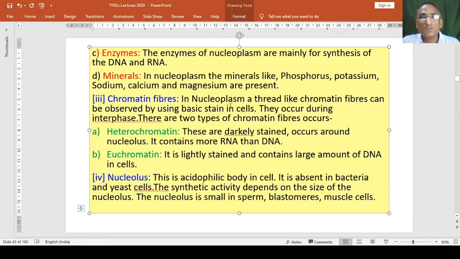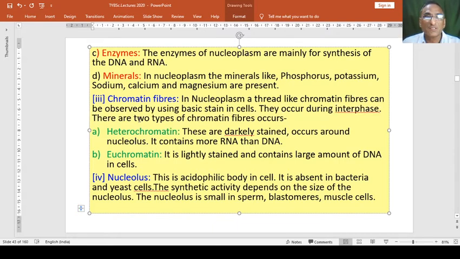In the nucleoplasm, a thread-like chromatin fiber is present, and that can be observed by using a basic stain in the cells. They occur during the interphase stage. There are two types of chromatin fibers present in the nucleoplasm, heterochromatin and euchromatin.